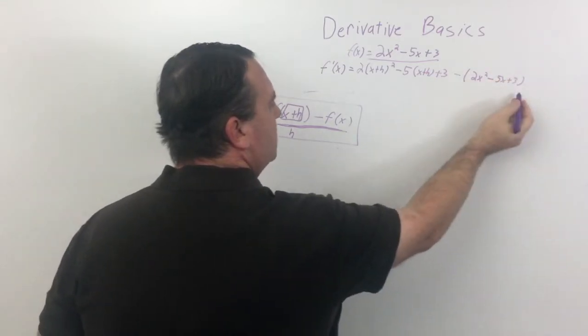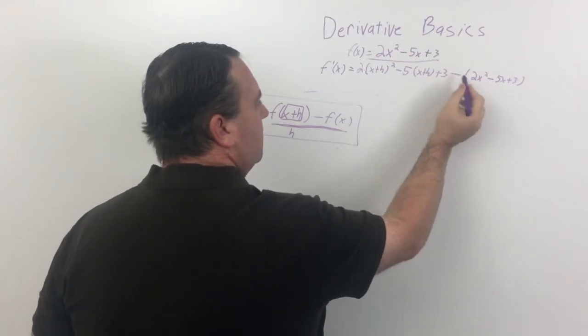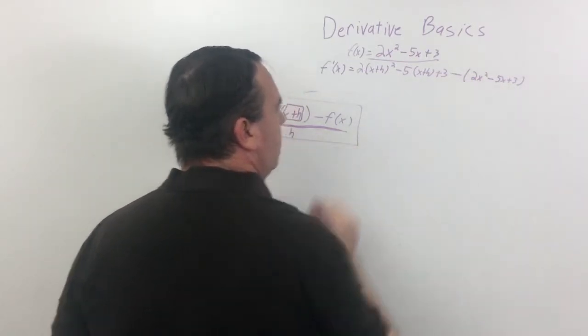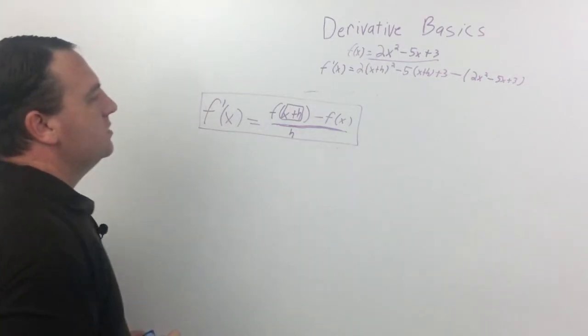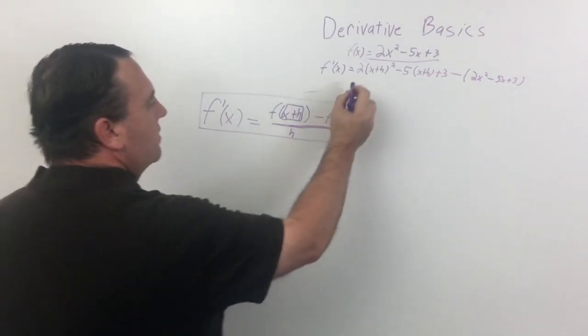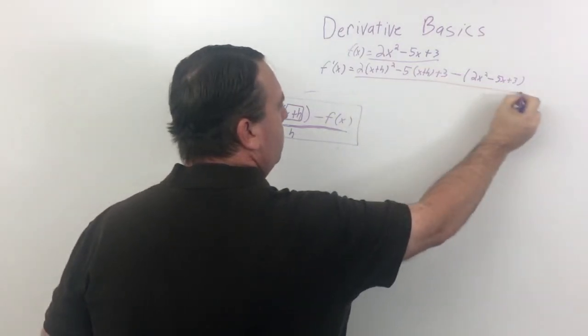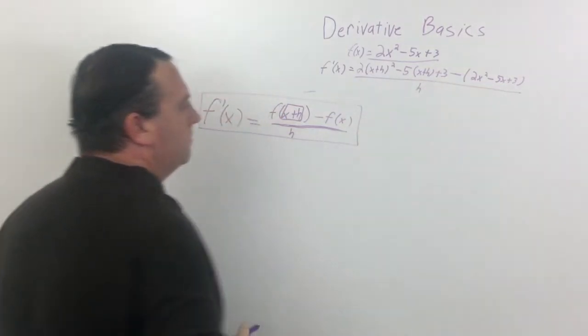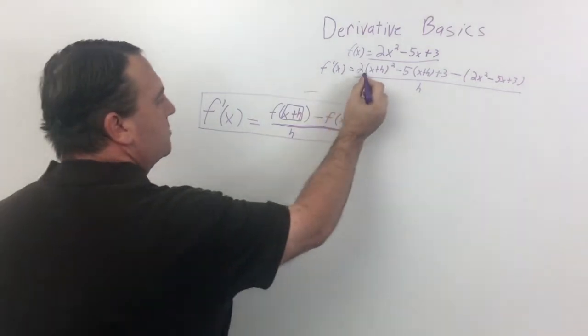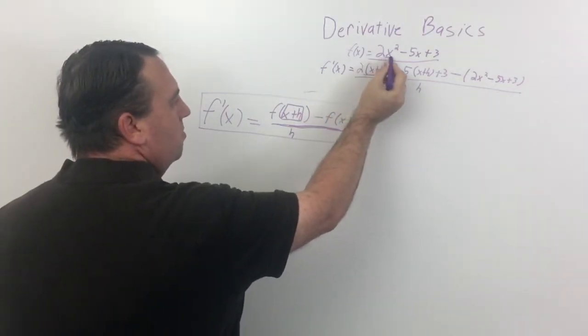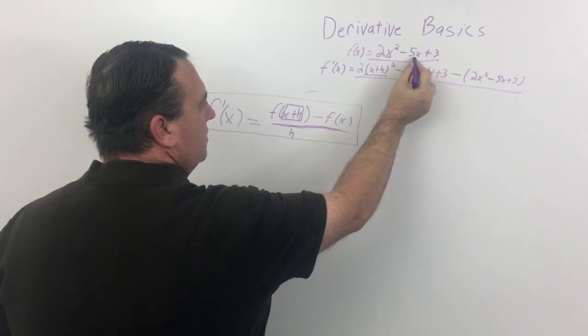I put this in parentheses because we're subtracting this whole shebang, not just one piece of it. And then all of this goes over h.